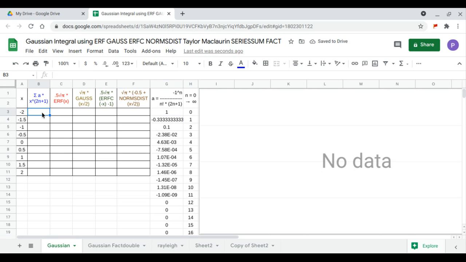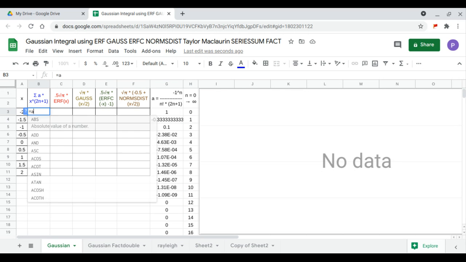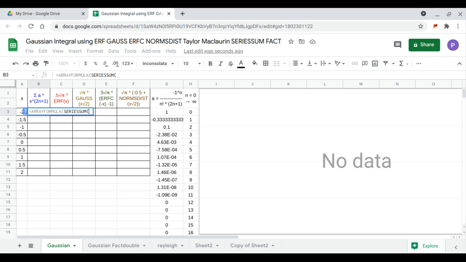Now we can complete the Taylor-Maclaurin SERIESSUM expansion of the Gaussian integral. So ARRAY formula SERIESSUM of the x values raised to the power 2n plus 1, where 2n plus 1 starts at n equals 0, that's 1, and the interval: so that's 1, then 3, then 5, and 7, and 9.